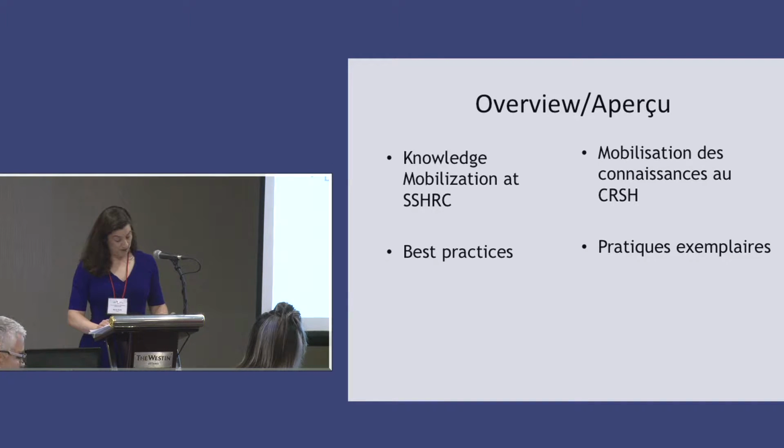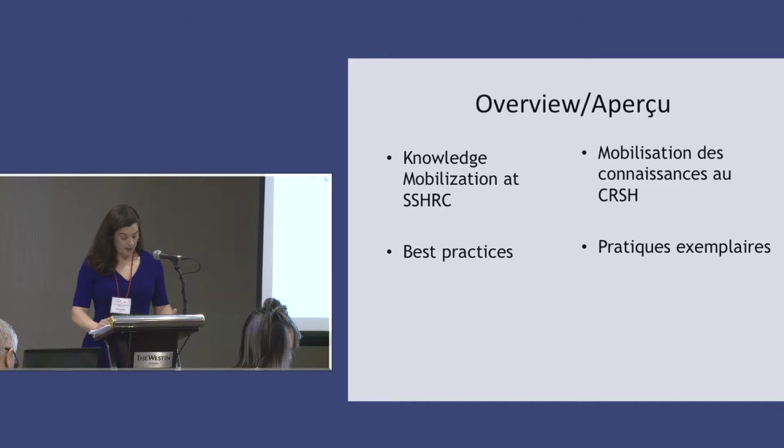So basically, SSHRC has introduced some knowledge mobilization guidelines after much discussion and reflection internally and consulting with experts. And we talk about some best practices. Basically, a solid knowledge mobilization plan will help you to identify and invite the best stakeholders, which in turn will contribute complementary knowledge and help to ensure uptake of that knowledge, optimize synergies and leverage information, and allow your research to have the best possible reach.